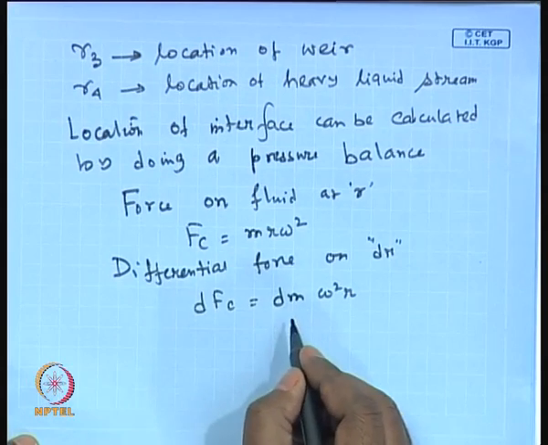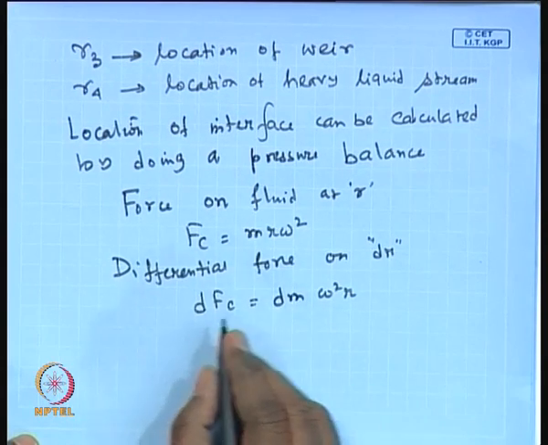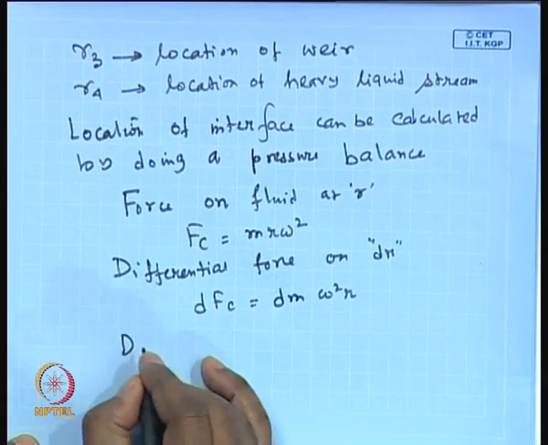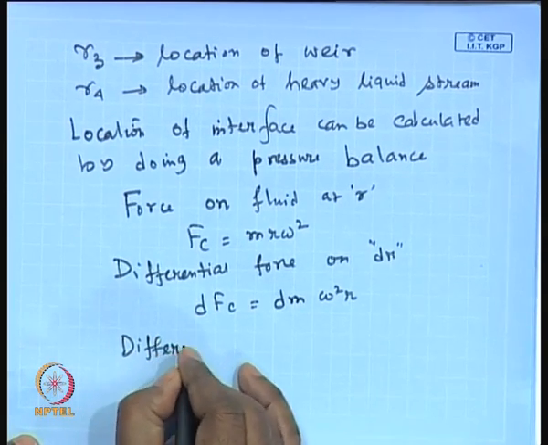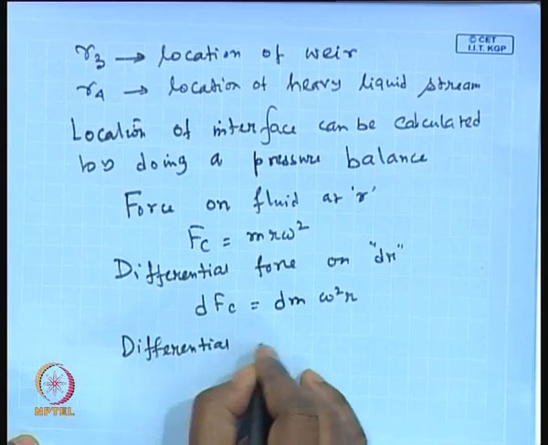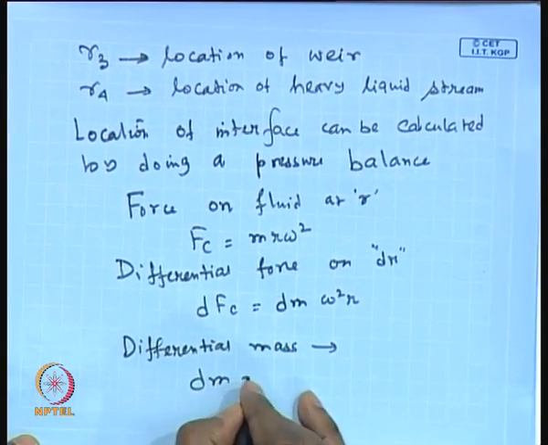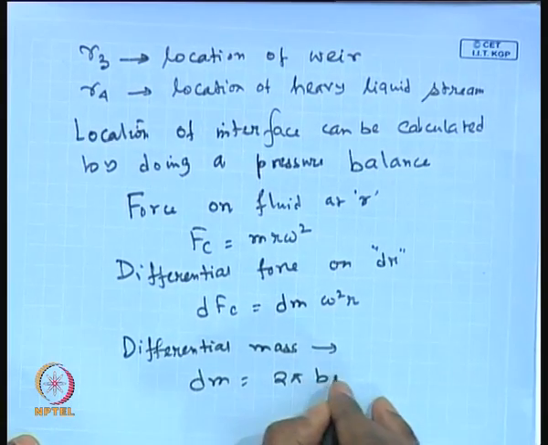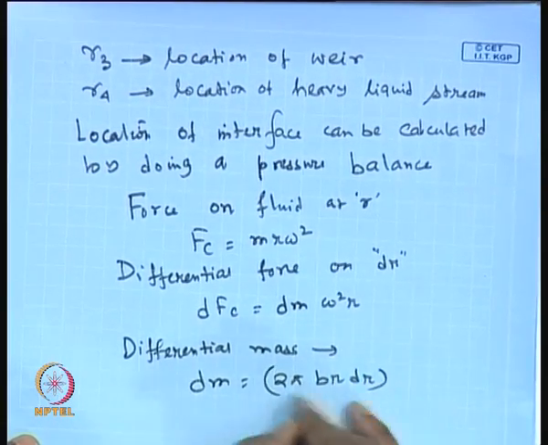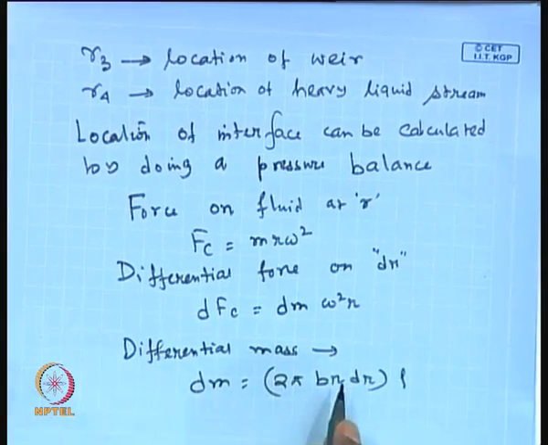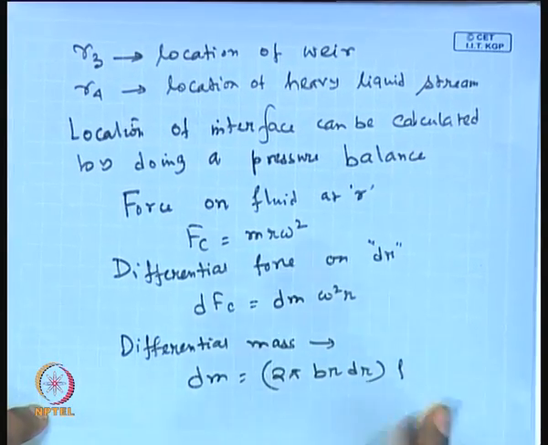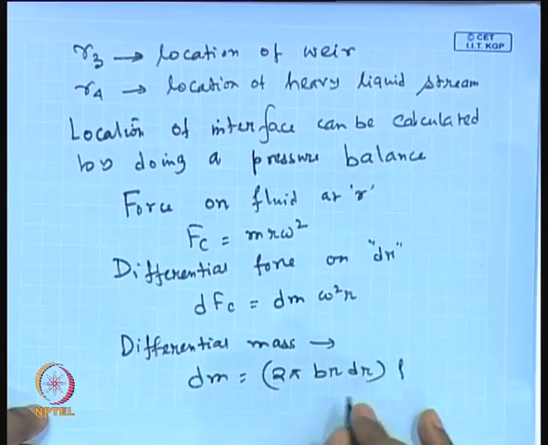Okay, the mass contained will be dm. So, differential mass can be given as dm is equal to 2 pi b r dr times rho. So, this is the volume within the differential element and rho is the density of the fluid.